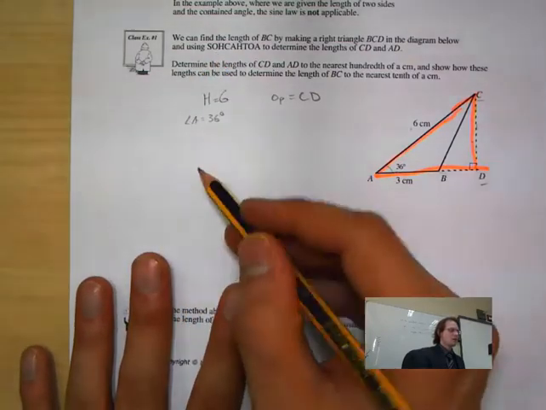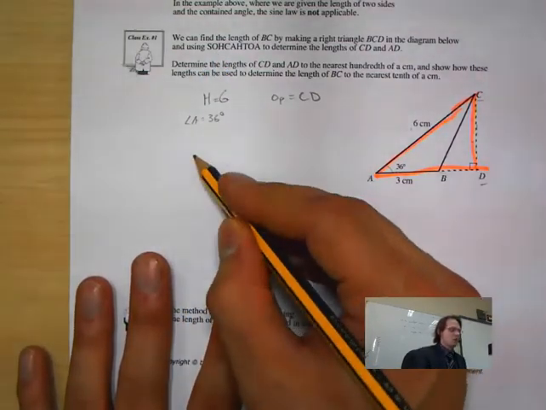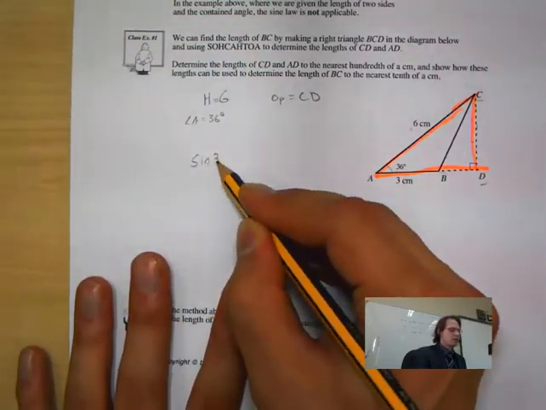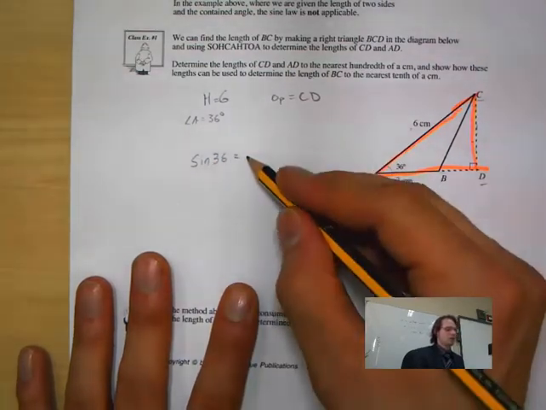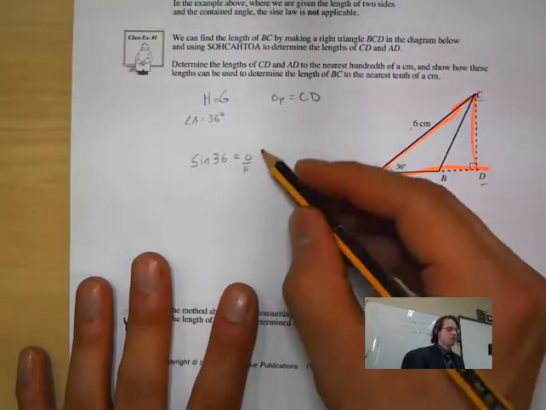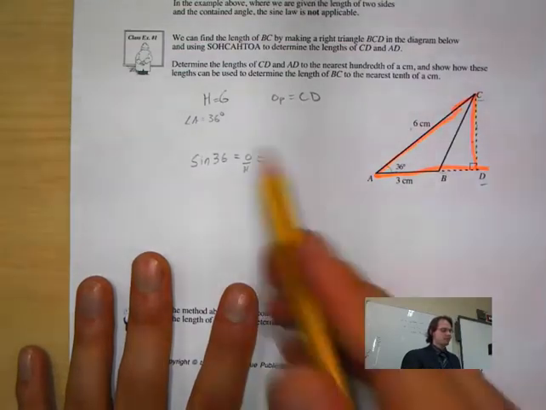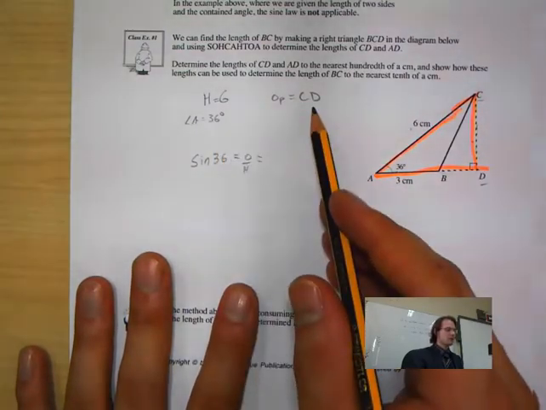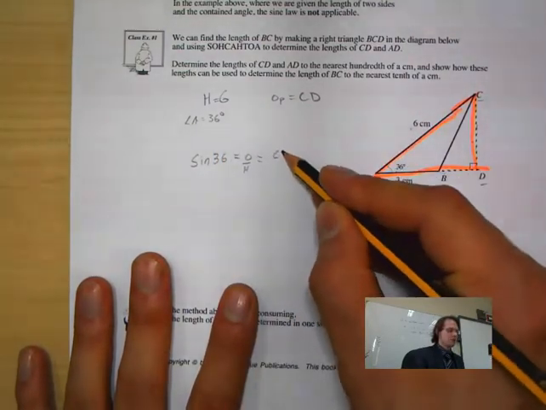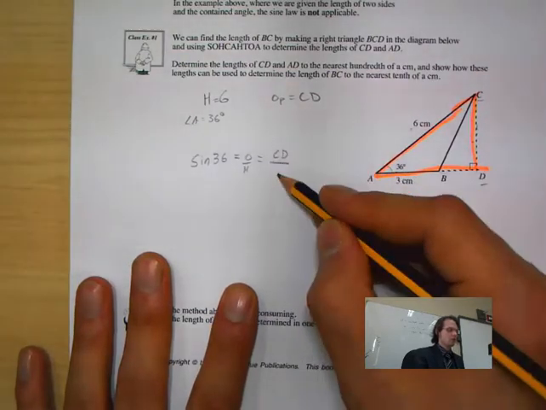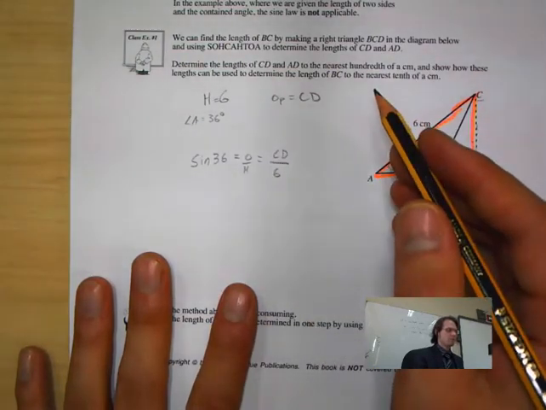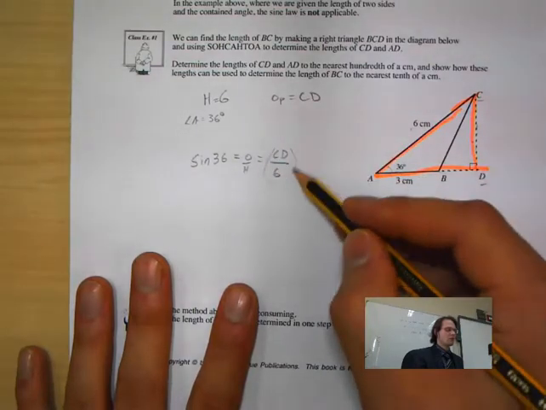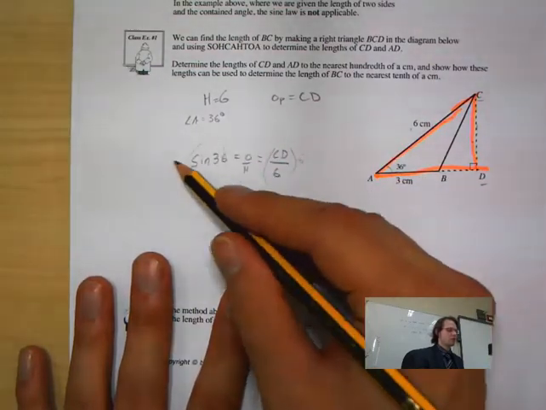So let's take a look at this. I am going to know that sine 36 is equal to, sine is opposite over hypotenuse, which in this case is CD, line CD, which is my opposite, all over 6. So to solve for this, I have to multiply both sides by 6.